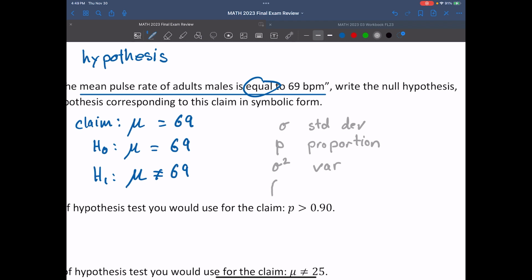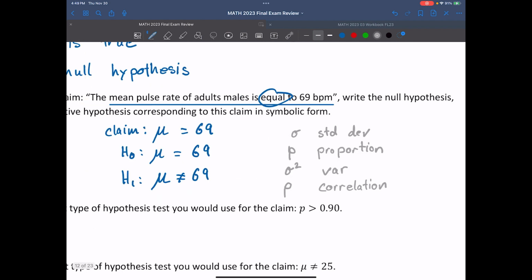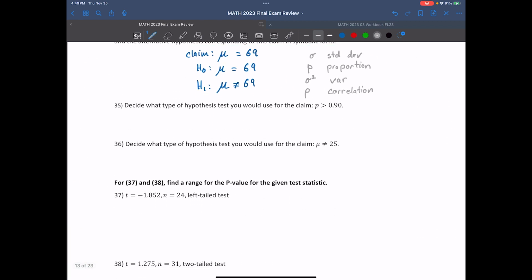And we have rho. I saw a lot of mistakes happening on the test: p is different than rho. This is the Greek R, and that is for the correlation. So these are the different parameters we make claims about.